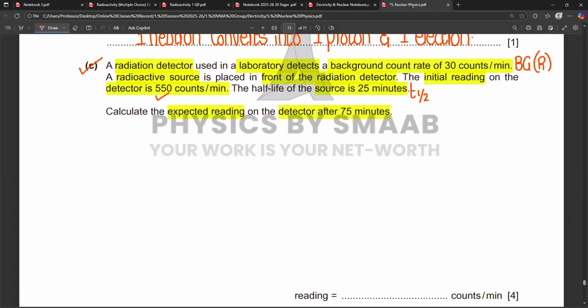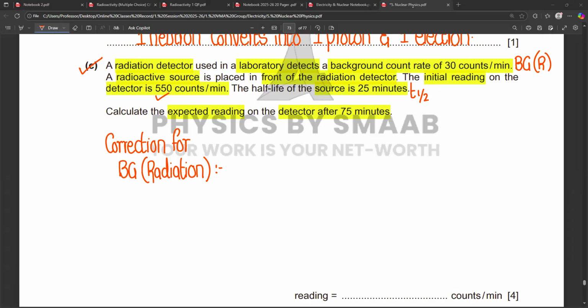So 550, first of all, we have to find the correction for background radiation. Let's see how it works.